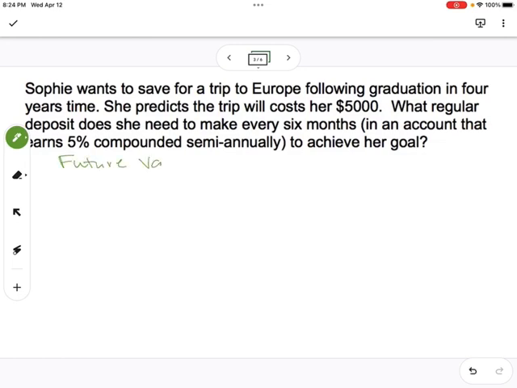Okay, so that formula is A equals R times (1 plus i) to the exponent n minus 1, over i. Okay, so we need to figure out what the values are in our equation, and then we can rearrange.